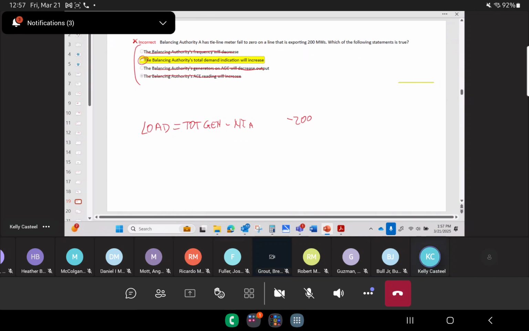So we do measure our total generation. We measure all of our generation outputs, and then we subtract our net interchange actual, and that tells us what our load is. Well, if that value changed, then it's going to show a change in load. In this case, when it changed like that, it will make it look like our total demand indication would increase. Questions or comments on that?